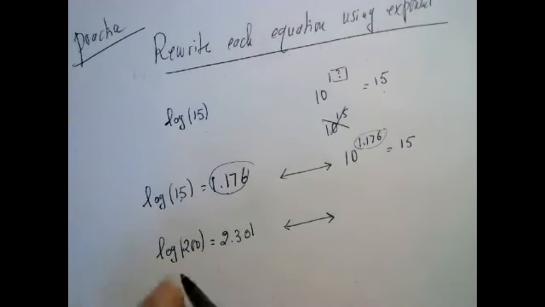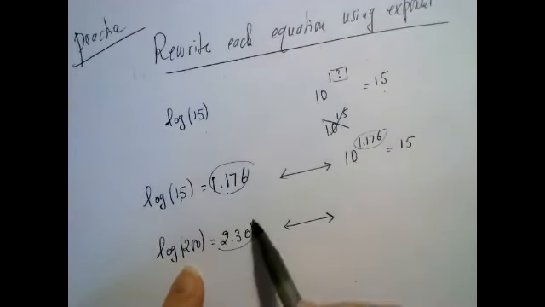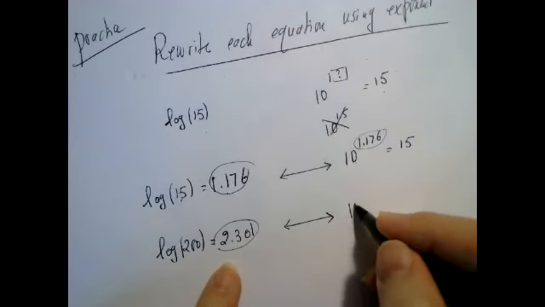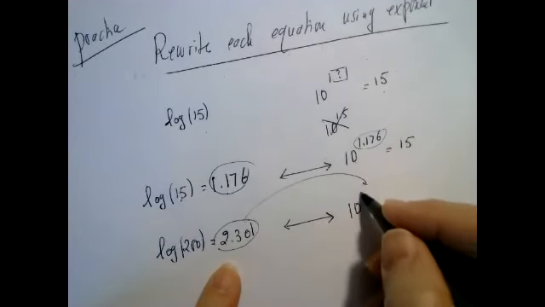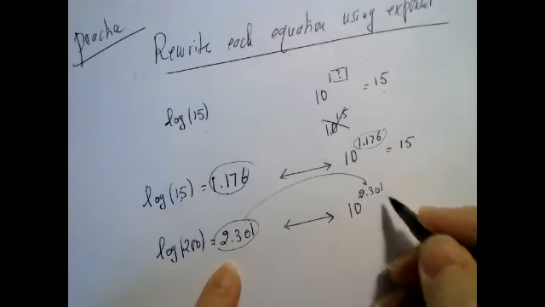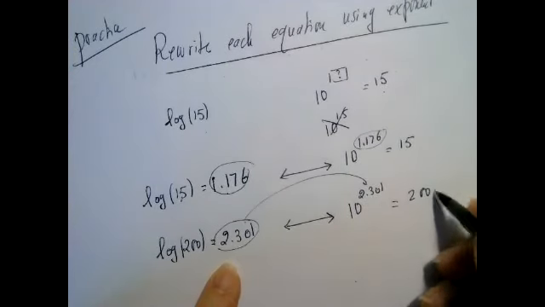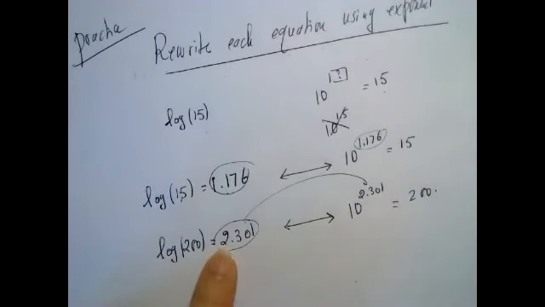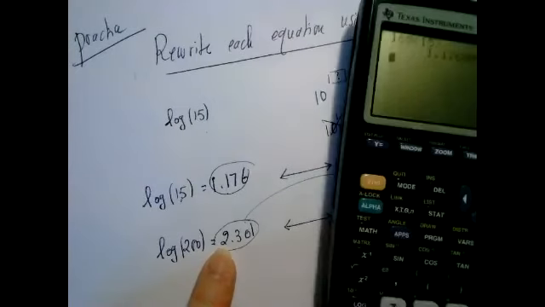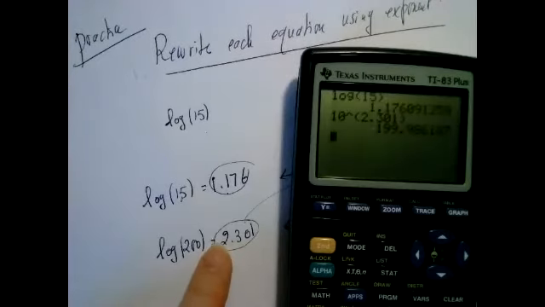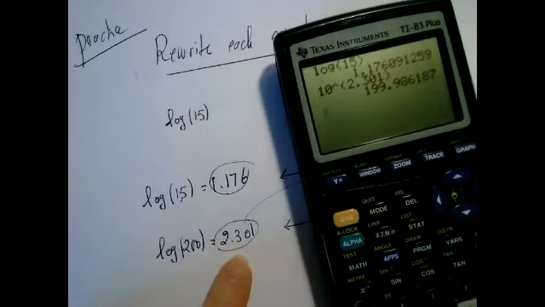This number represents the power of 10 that gives me 200. That's what the log of 200 represents. It means if I take the calculator and I take 10 to the power 2.301, I should get almost 200. So we got 199.98, which is almost 200.